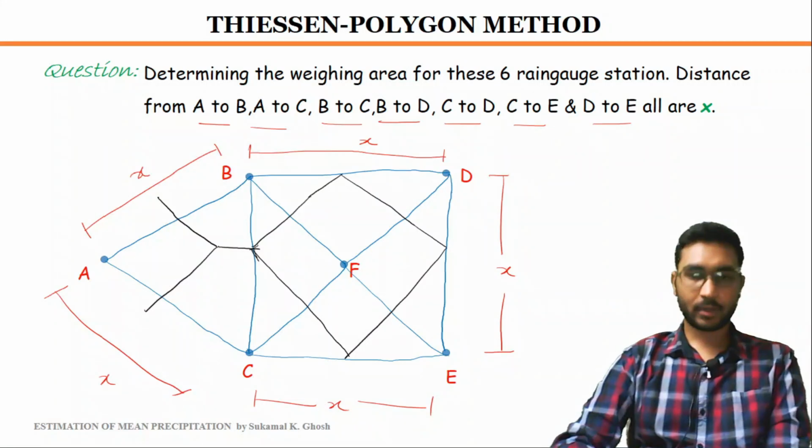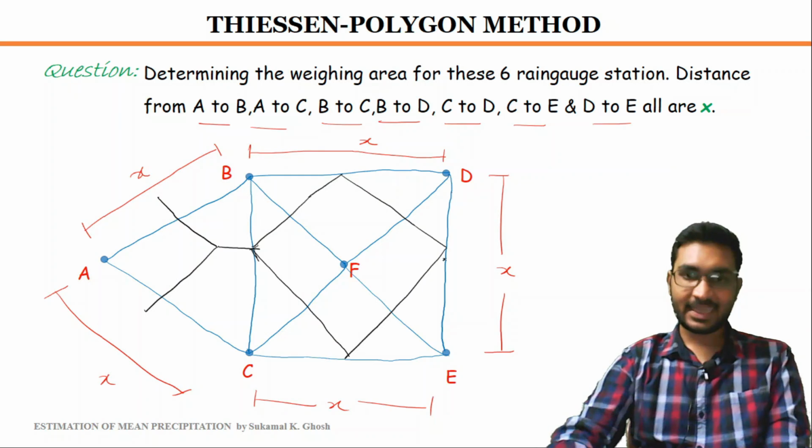Now here is the important thing: if you draw the bisector for the D and E line, then it will intercept these triangles. It will intercept this B, F and E triangle.